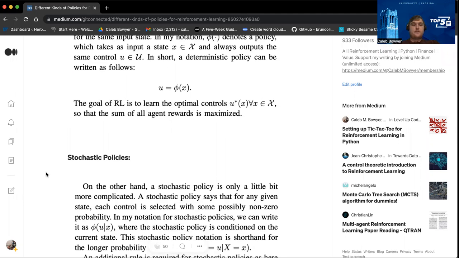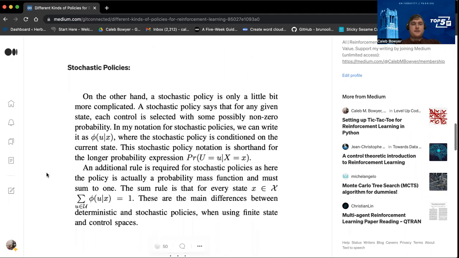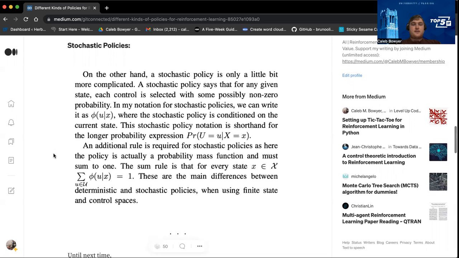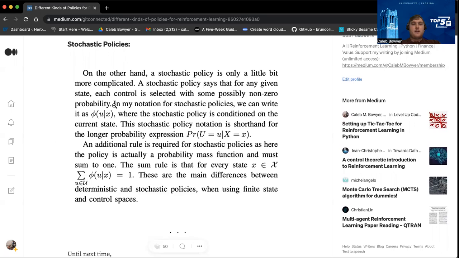Stochastic policies. On the other hand, a stochastic policy is only a little bit more complicated. A stochastic policy says that for any given state, each control is selected with some possibly non-zero probability.